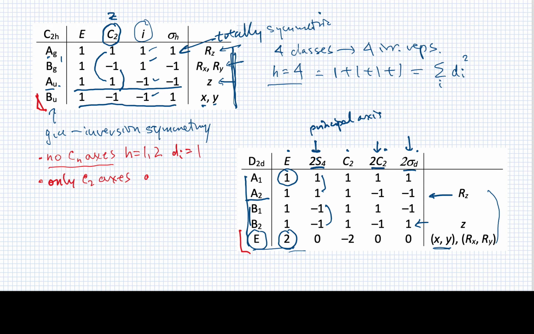So again, all of our dimensionalities will be 1, and so all of our labels for the irreducible representations will be A or B. If I have one Cn axis, that is a higher order axis, so this is for n greater than 2, then I'll have dimensionality of my irreducible representations of both 1 and 2, so I will see A, B, and E type irreducible representations. So that's what we're seeing here.